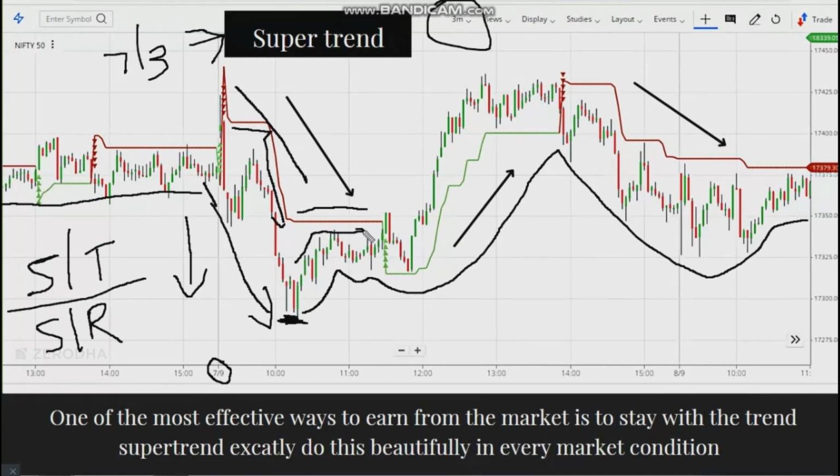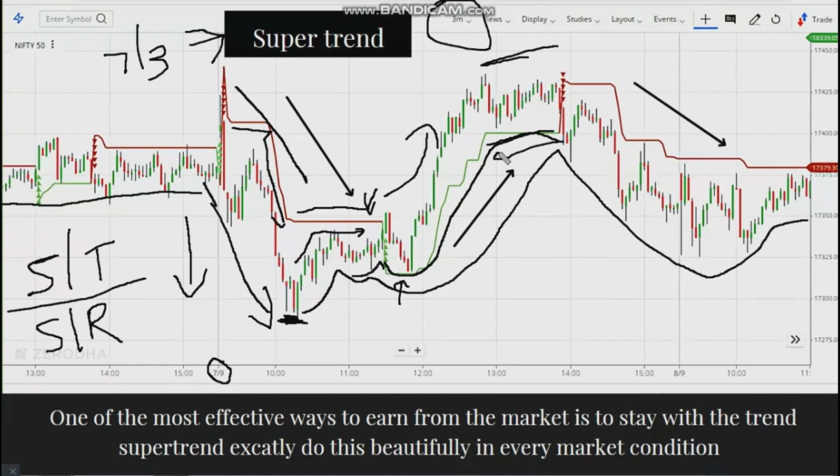When the market changed direction, it actually started going up. This red turned into green, and with this green line, the market actually went up, or vice versa. When the market was going up, the green line also went up, and then the market stayed flat because of this flat line.